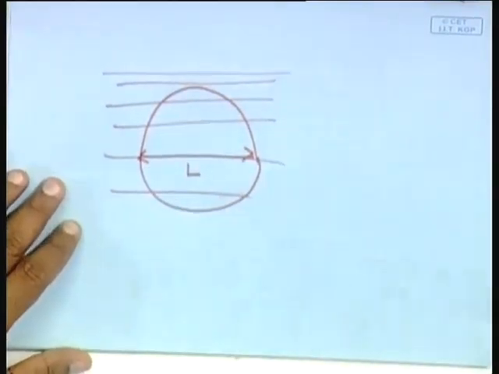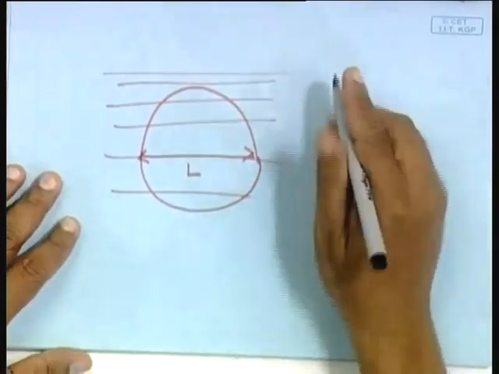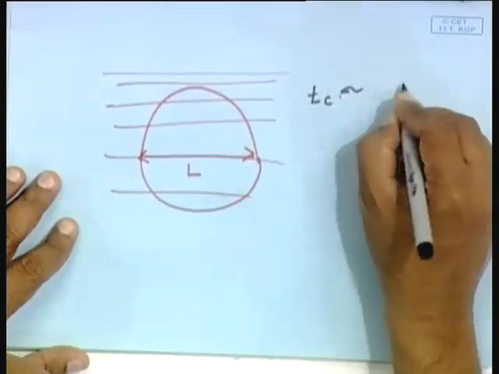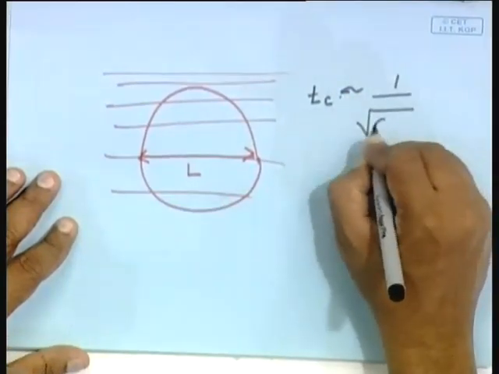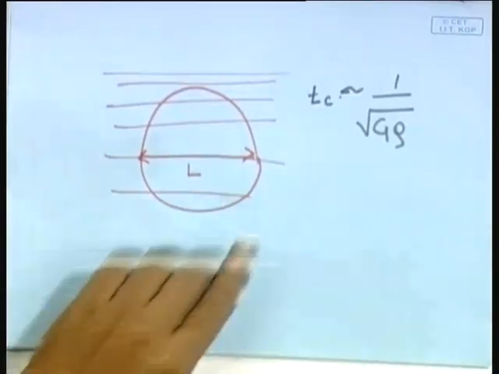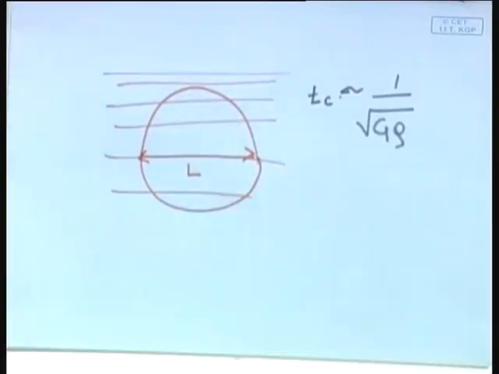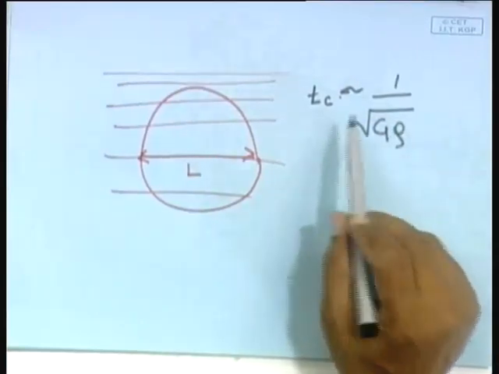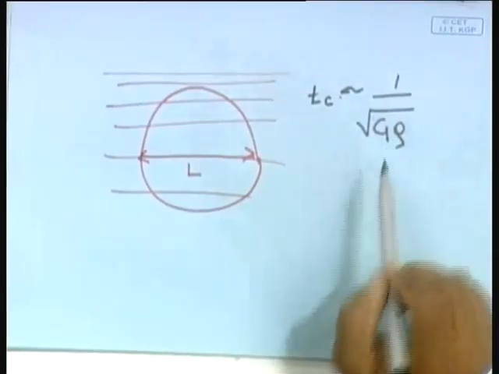It can be easily calculated that the time scale required for this gravitational collapse is of the order of 1 by square root of G rho. This is the time scale for free gravitational collapse. It is straightforward to estimate this, and you find this combination 1 by square root of G rho appearing in the cosmological time scales also.